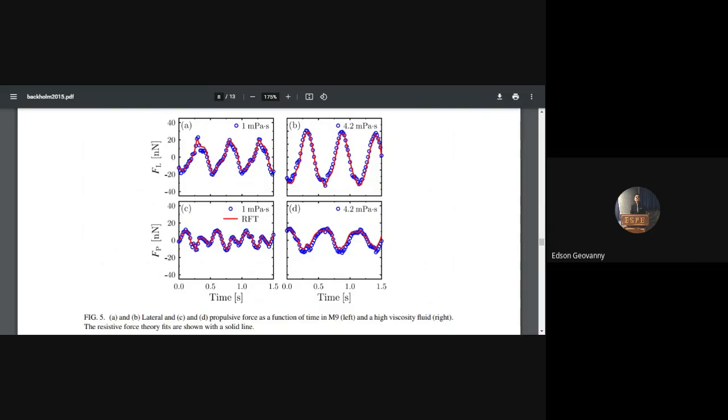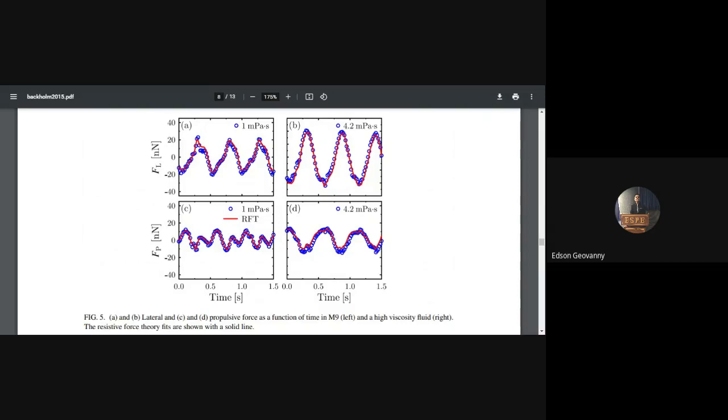Lateral force is 2 times greater than propulsion force, and the peak of the maximum force occurs when the worm moves faster to the right and slower to the left. And as the Reynolds number decreases in fluid of higher viscosity, the nematode moves to a more conventional micro-swimming regime where viscous forces are relevant.